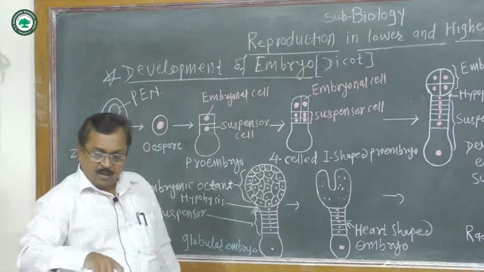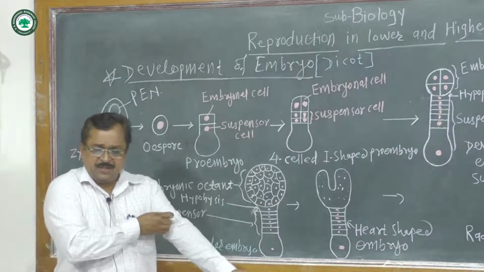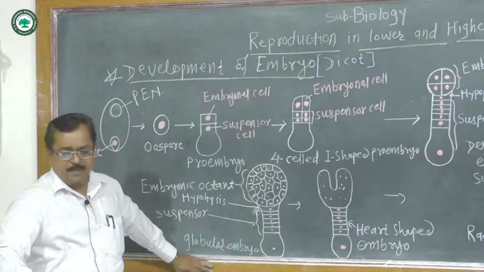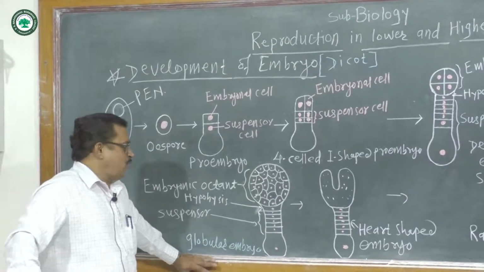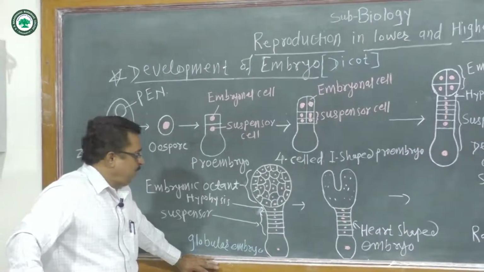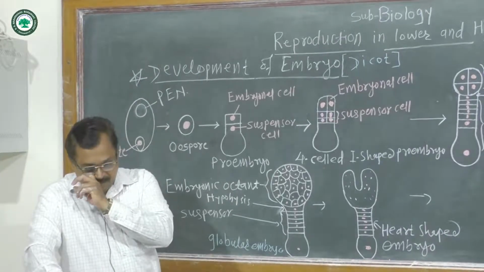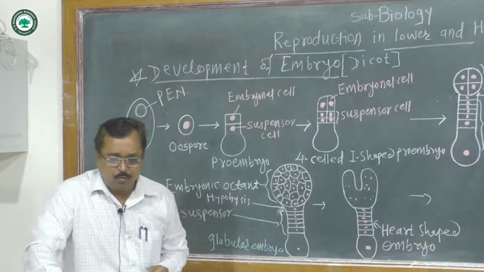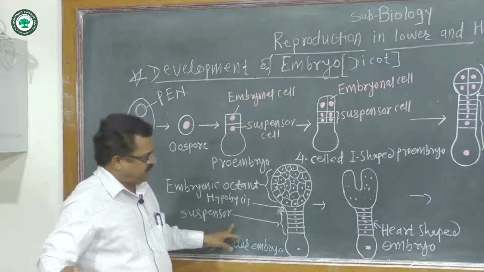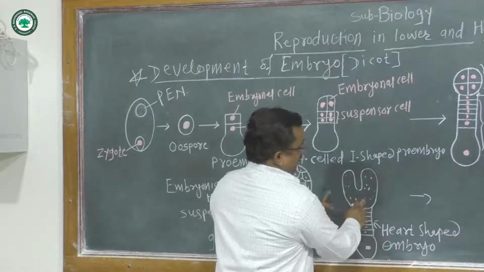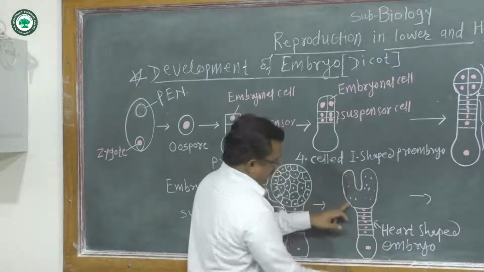The embryonal mass differentiates into procambium and ground meristem, and later they differentiate to form the embryonal axis.